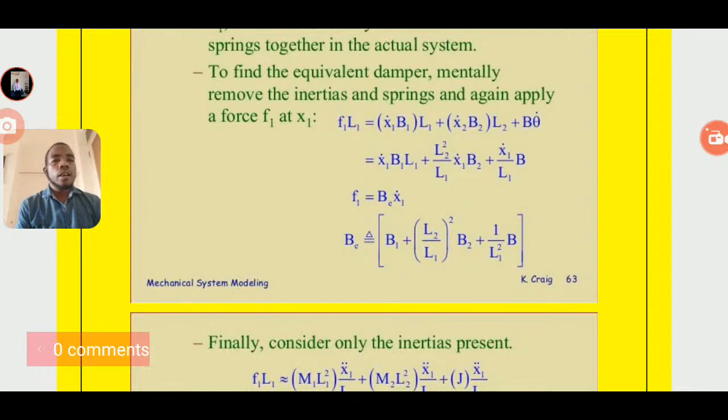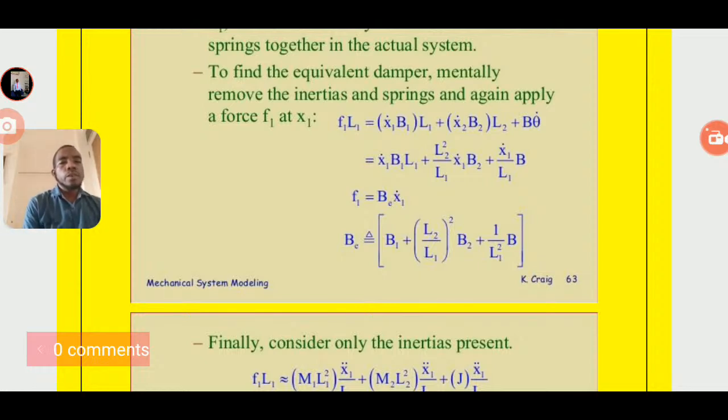F1 L1 is equal to x1 b1 into L1 plus x2 b2 into L2 plus b theta. So here, x1 b1 L1 plus L2 square over L1 x1 b2 plus x1 b over L1.